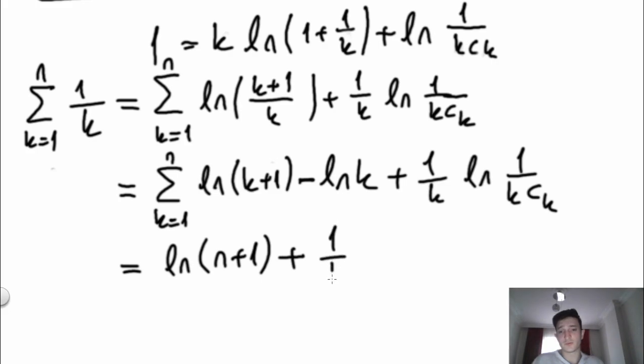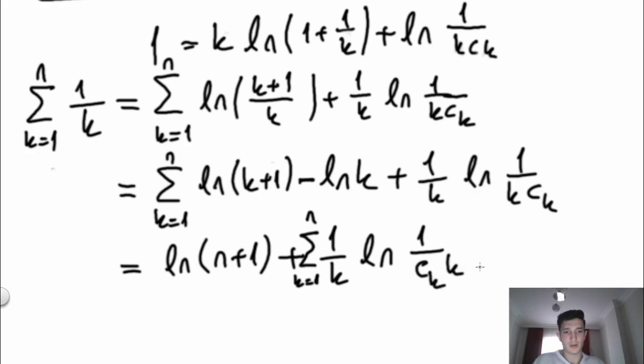So I have plus the sum, k is from 1 to n, of 1/k ln(1/(k c_k)).